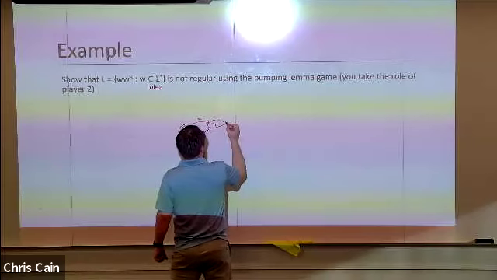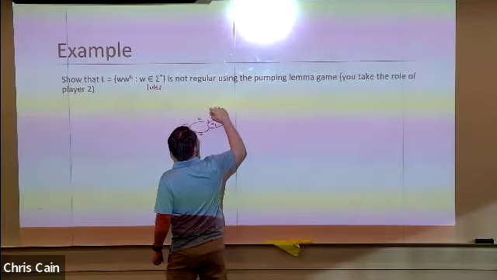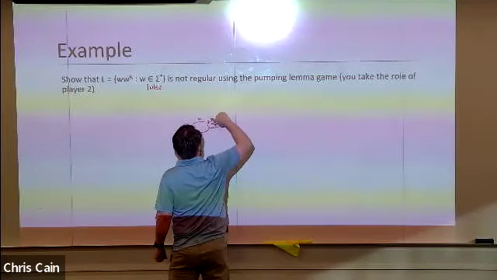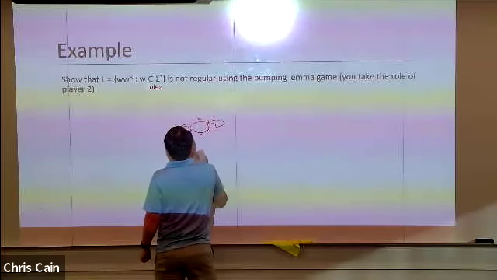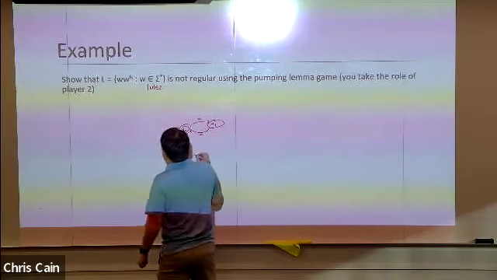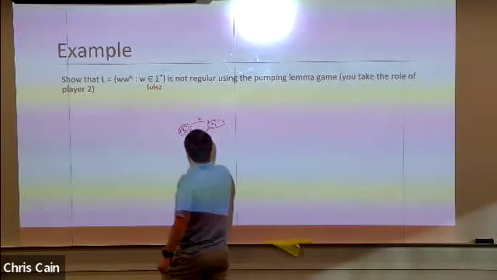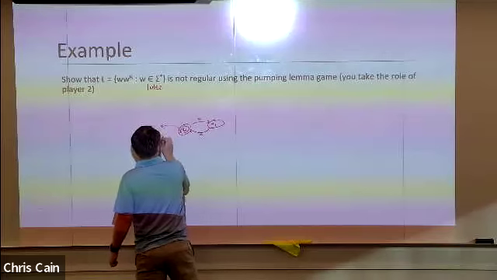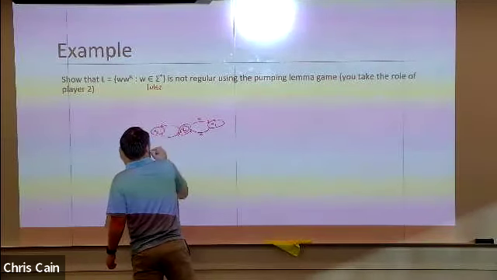It has to be less than or equal to 2. So AA would be fine, BB would be fine, but anything other than that would fail. So we'd have another BB from some other state, Q2.